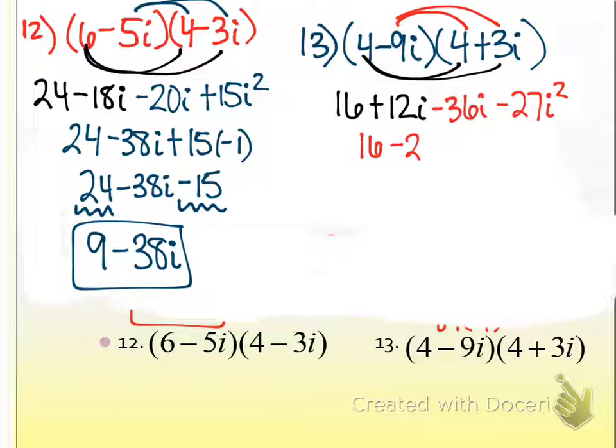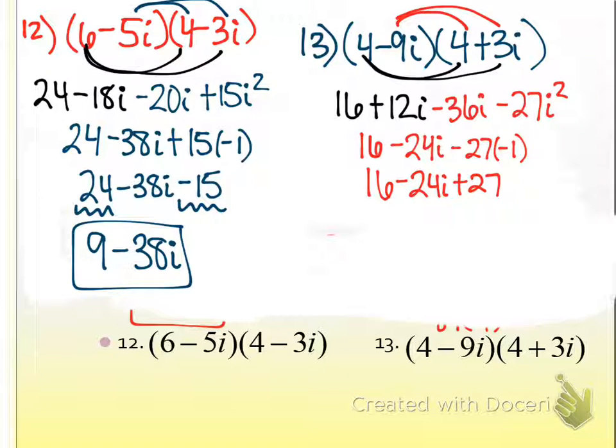Good. Minus 24i. Minus 27 times, we can replace i squared with -1. So on this one, we've got negative 27 times negative 1. What does it become? A positive 27.